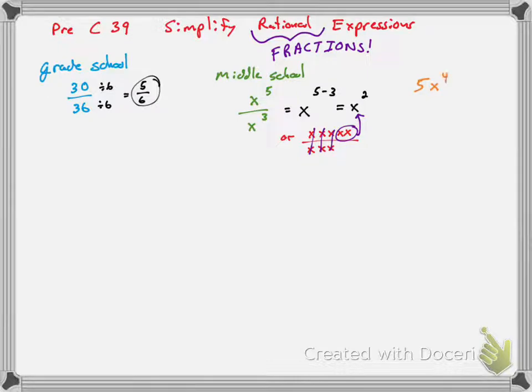Maybe more problems from middle school, maybe 5x to the 4th over 20x to the 9th. Both of those, the 5 and the 20, are both divisible by 5. So if we divide those out, 5 divided by 5 is 1x to the 4th. 20 divided by 5 is 4x to the 9th. Continue simplifying that. We have 4 x's on top.